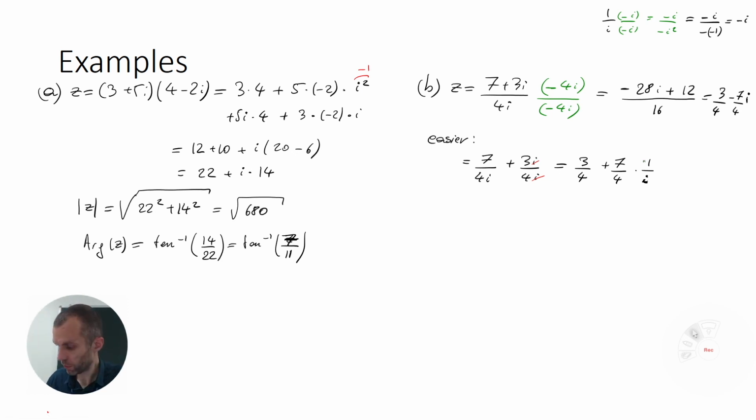So in other words, 1 over i is minus i, and we're left with 3 over 4 minus 7 over 4 times i, same result as before.